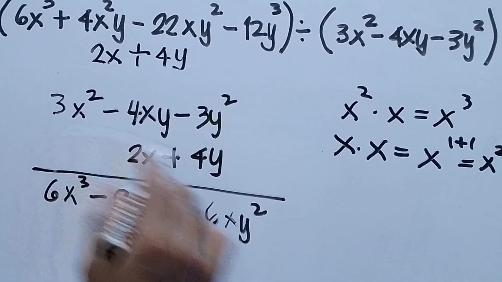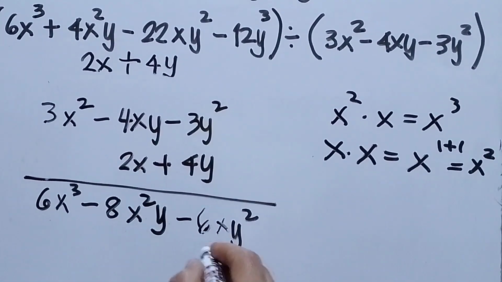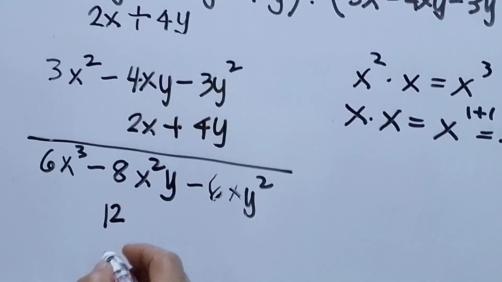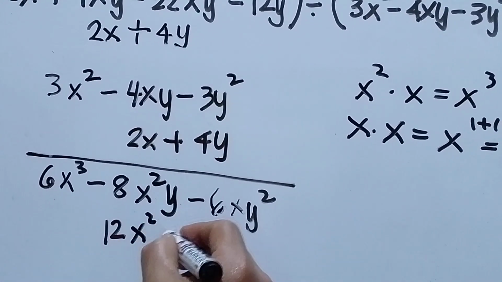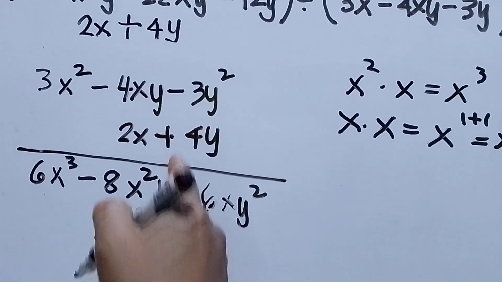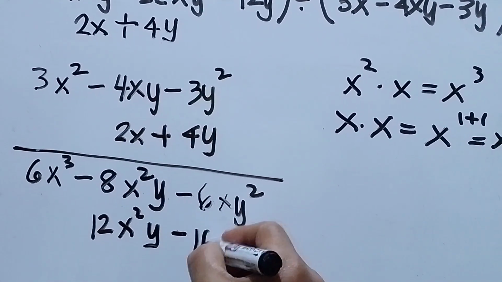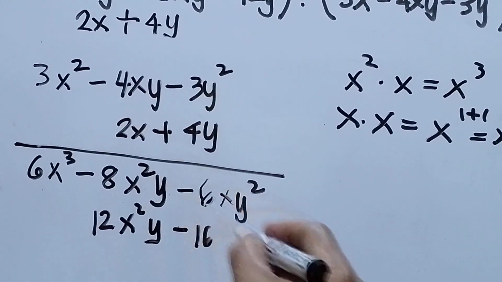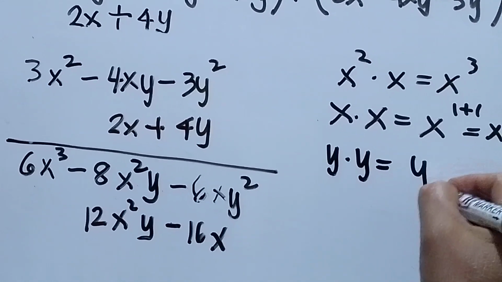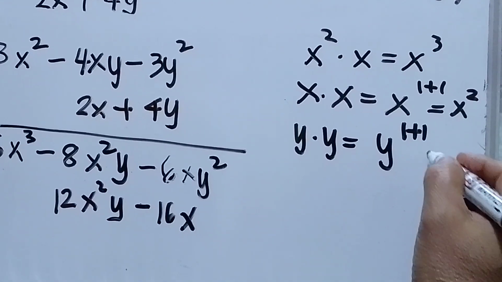So 4y times 3x squared. This will be 4 times 3 is 12. 12x squared y. And then positive times negative is negative. So 4 times 4 is 16. Then just copy x. And then we know that y times y equals y to the 1 plus 1.